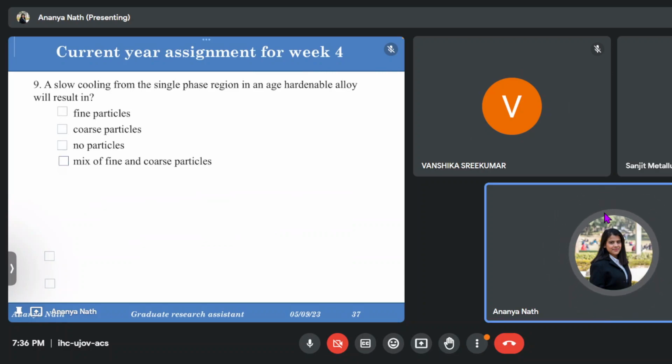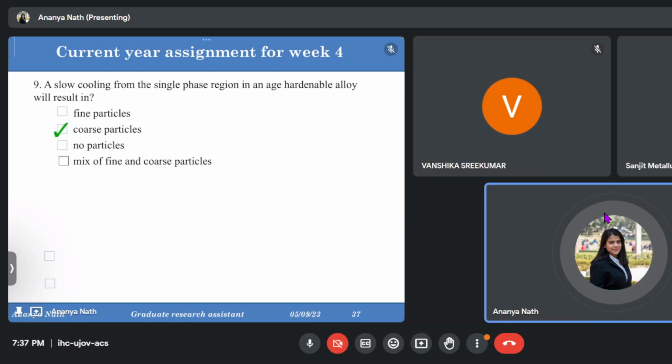Slow cooling from a single phase region in an age hardenable alloy will result in coarse particles.